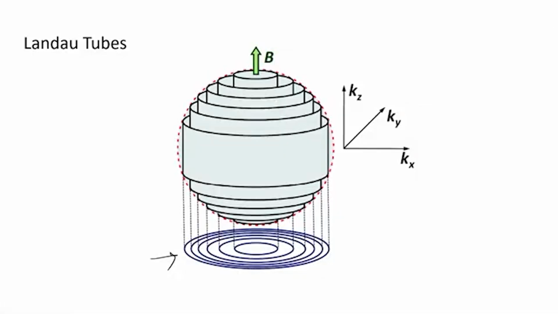So, basically the states inside the Fermi surface get pulled out, and in this situation the electron actually jumps into the next cylinder. Okay. So, it goes from one tube to another as the magnetic field increases, and this actually causes the oscillation, of whatever physical quantity you are looking for, because it jumps from one Landau tube to another. Okay.